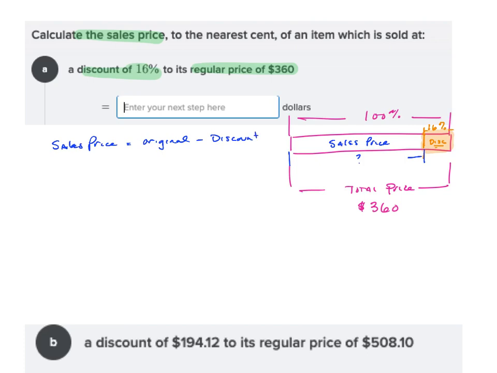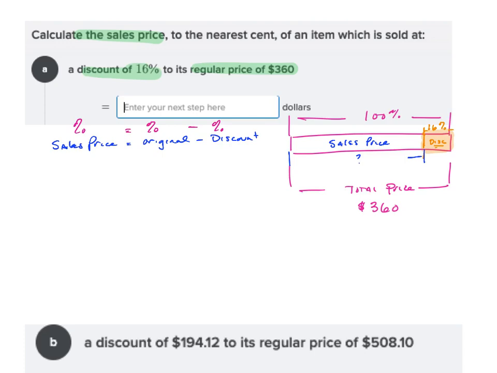Okay, and you can do that one of two ways. You could figure out the sales price percent by figuring out the original percent minus the discount percent, and then multiplying that times the original.